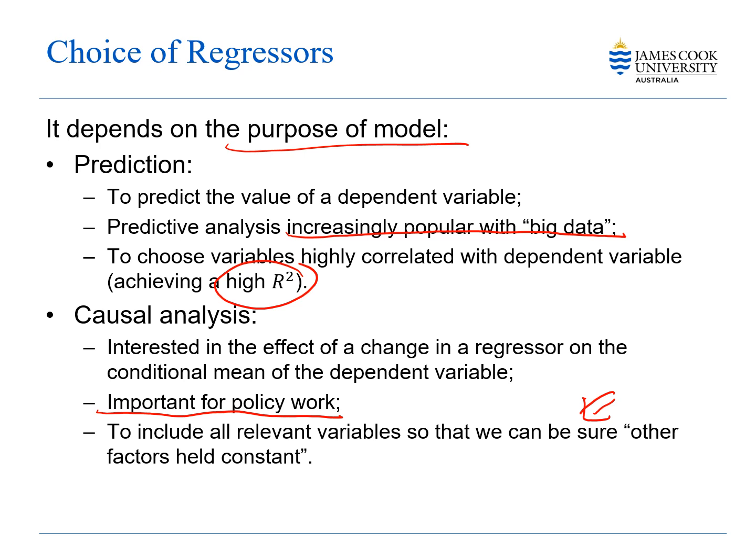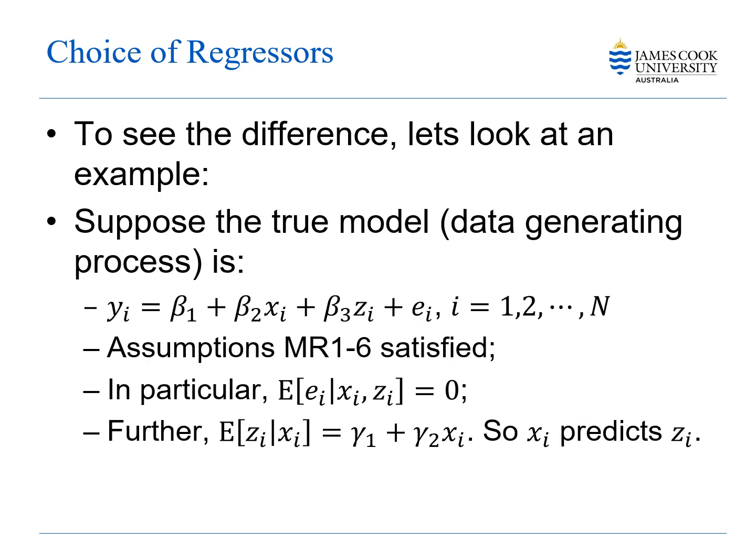Okay, you might feel the difference between prediction and causal analysis is a little abstract. So let's look at an example for concreteness. Suppose the true model is y equals beta 1 plus beta 2 x plus beta 3 z plus e, the error term, and all our modeling assumptions are satisfied.